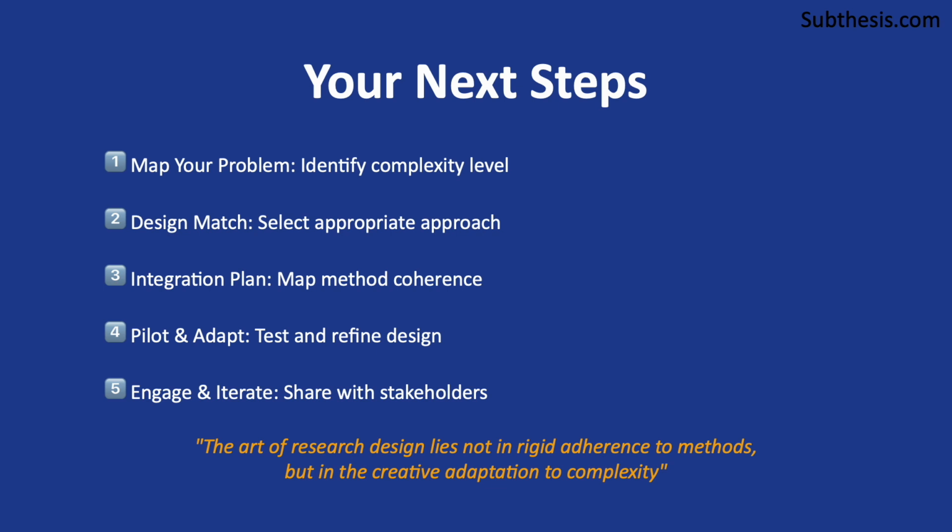Fourth, pilot and adapt by testing your design and building in adaptation points. Fifth, engage and iterate by sharing with stakeholders and refining based on collective wisdom. Remember, the art of research design lies not in rigid adherence to methods, but in the creative adaptation to complexity.